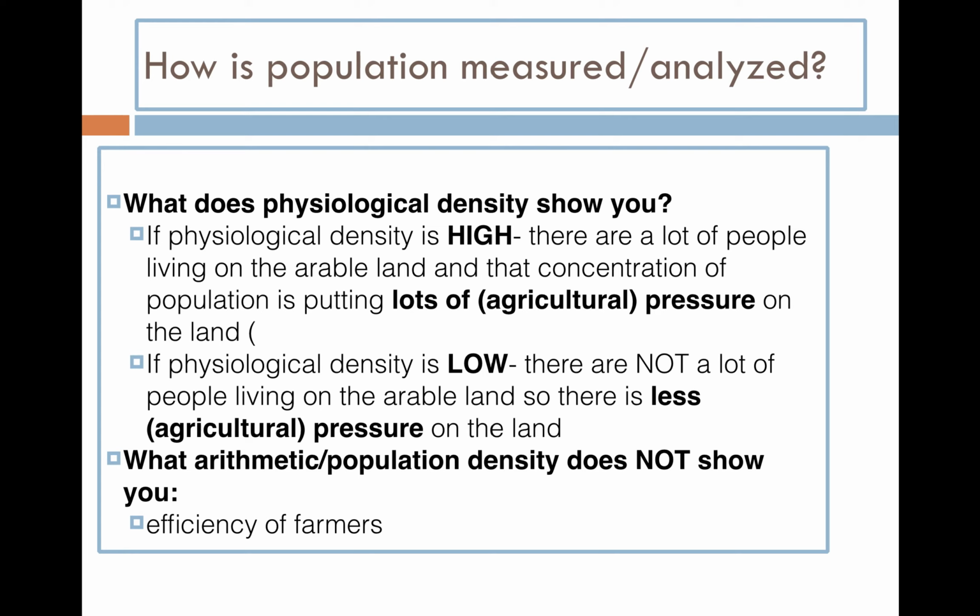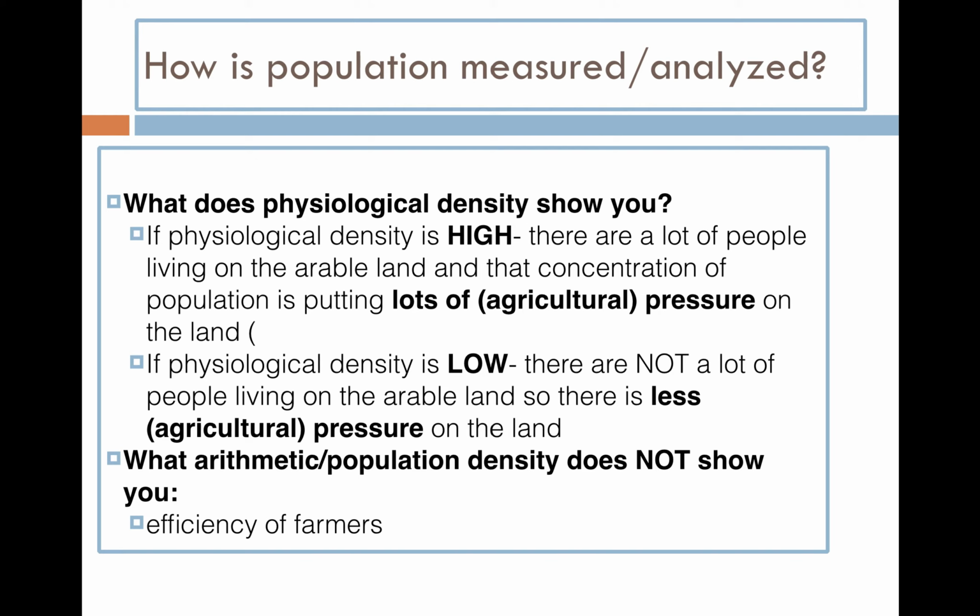If the classroom itself is our country and the tables are the arable land, imagine all the people climbing on top of that arable land and putting lots and lots of pressure on the land to perform agriculturally. If physiological density is low, then there are not a lot of people living on that arable land. It gives us more indication of the distribution of people. People are more widely dispersed across the country, so there's less pressure on that land to produce crops.